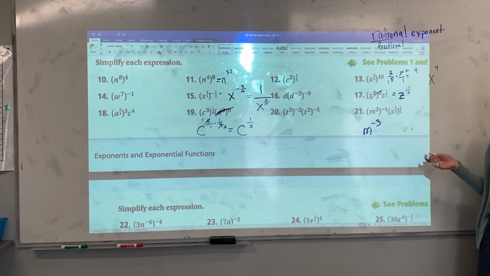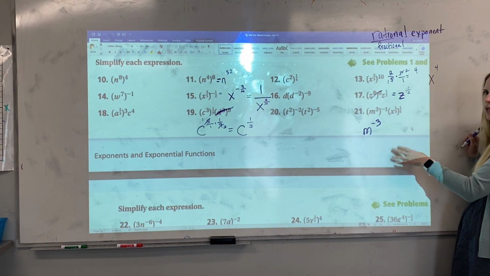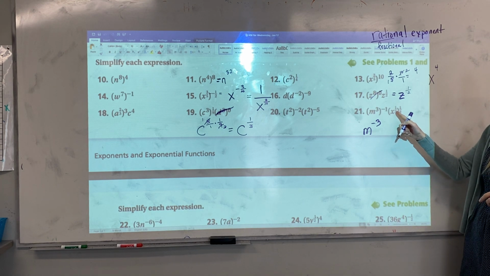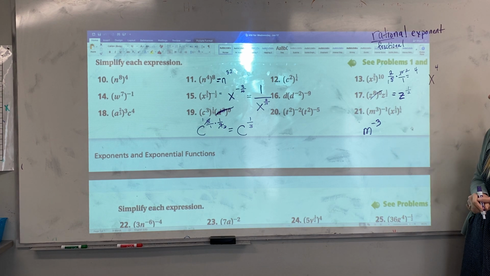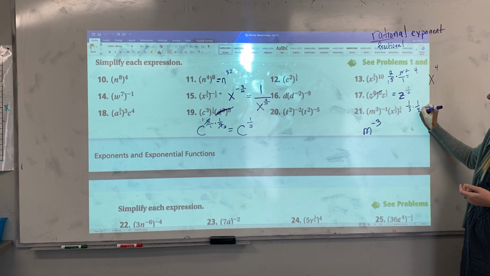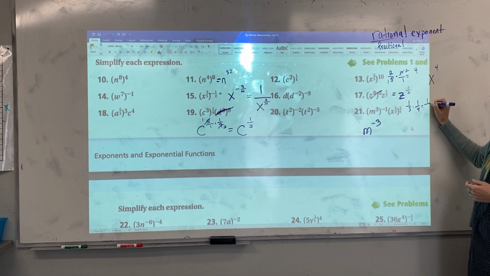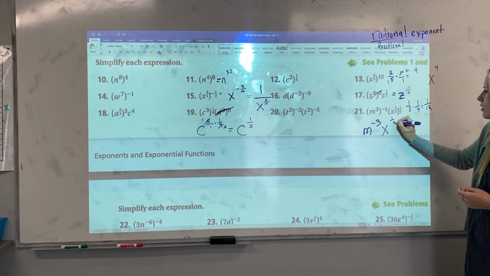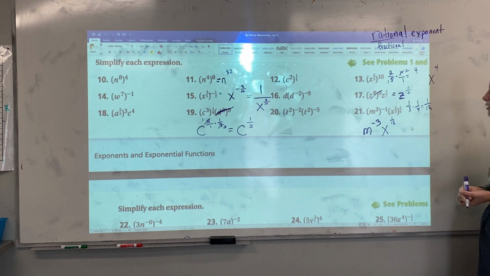We will have to take care of that negative attitude, but let's just continue on and then we'll simplify it all together, okay? So x to the 1/3 to the 1/4. What do we do with the exponents? Multiply 1/3 times 1/4 equals what? 1/12. So that's x to the 1/12 power.